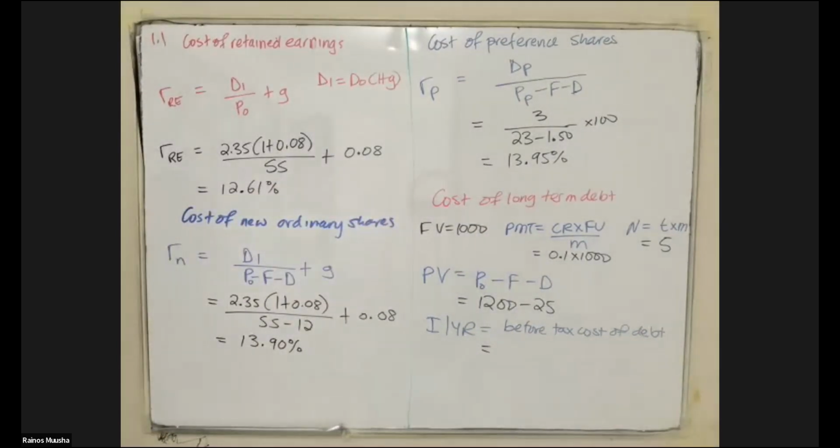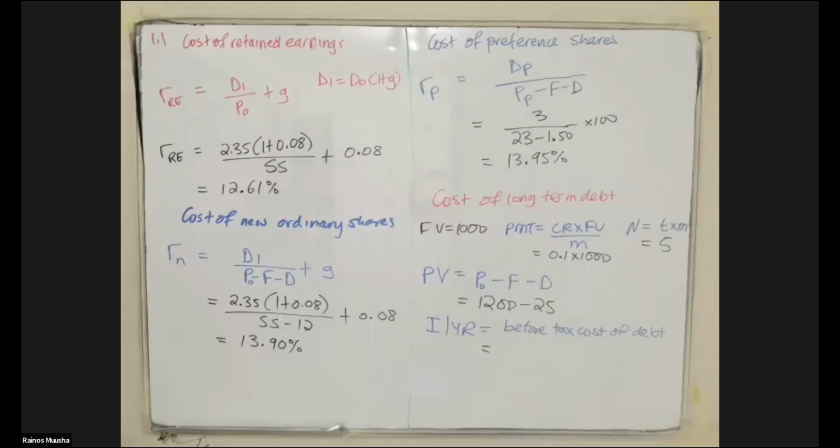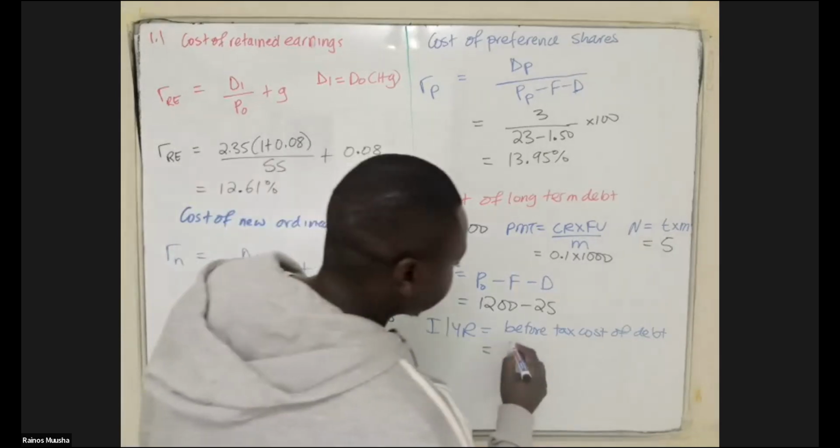If you do the calculation in this case, how much do you get as the before tax cost of debt? Can you please do the calculation? It's 5.86%. So you get 5.86%.